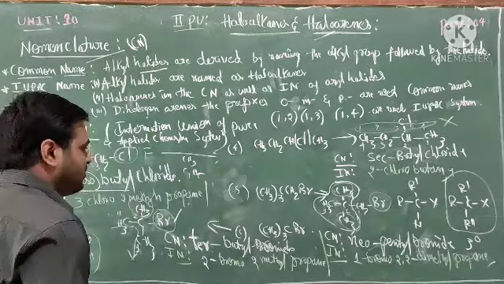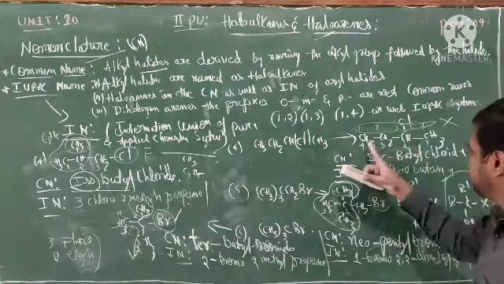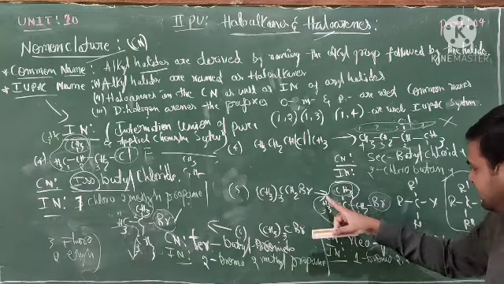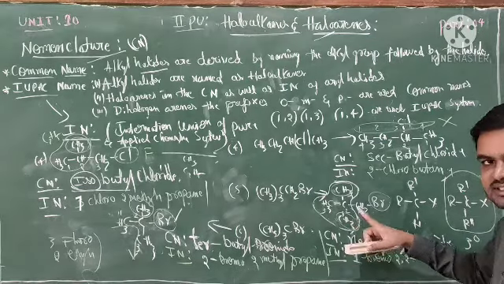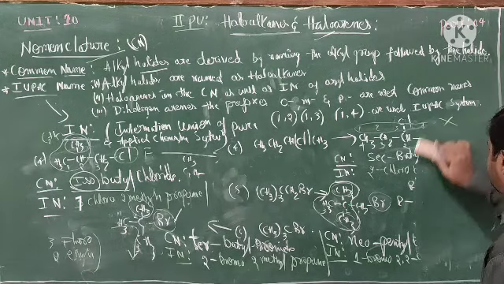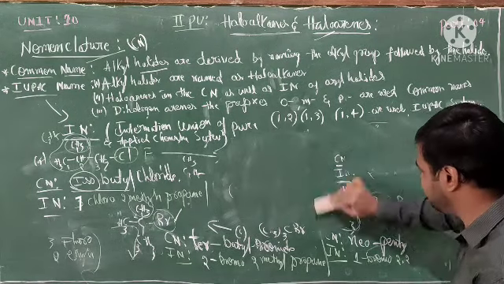Okay, that's about naming. Clear? This is secondary, this is tertiary, don't get confused. And this carbon atom attached to 3 methyl groups is neo, and this is iso. Next, we come to examples with an aromatic ring.